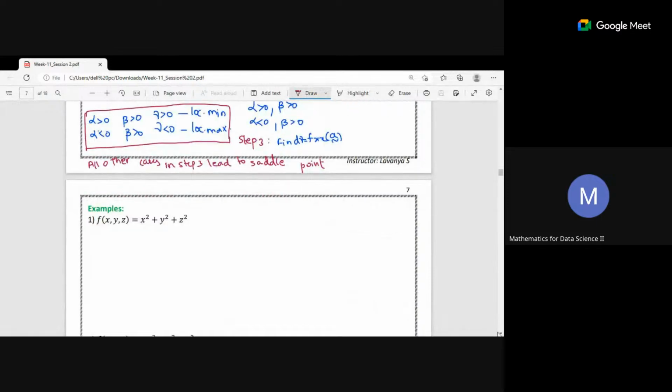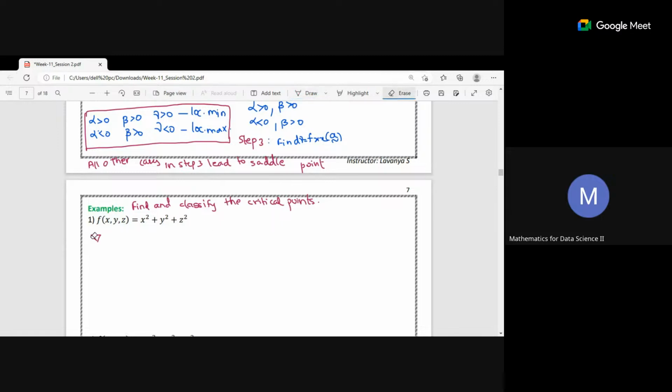Consider this function f of x, y, z equal to x squared plus y squared plus z squared. For all these examples, find and classify the critical points. How do you find critical points as usual?